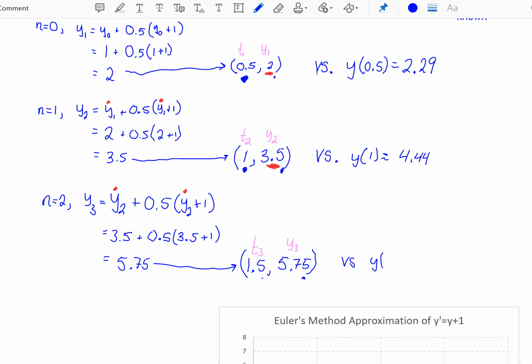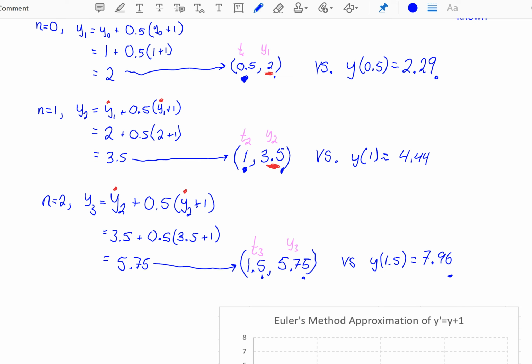Again, we're using t of 1.5. So when you plug 1.5 into your exact solution, and I'm going to round this again to 2 decimal places, I get 7.96. So what I'm noticing is that Euler's method is starting to diverge or differ from the exact value by quite a bit more as time goes on than it did initially.